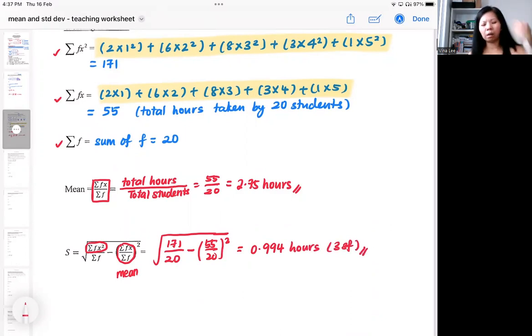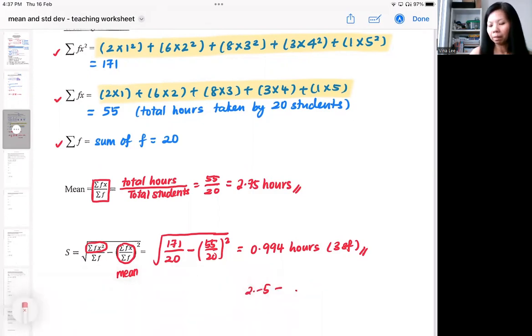So how do you make sense of the standard deviation? Standard deviation is the deviation from the mean. You might want to think of it like this: generally a person will spend around 2.75 hours plus or minus 0.994. So I'm expecting people to spend around this amount of time.